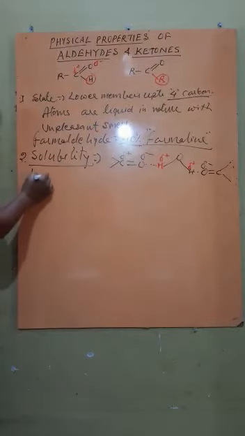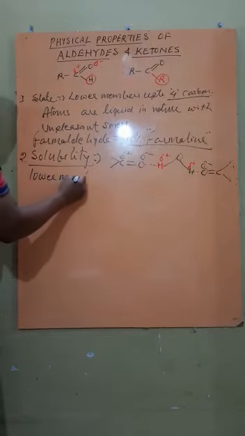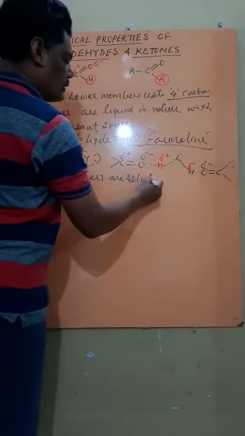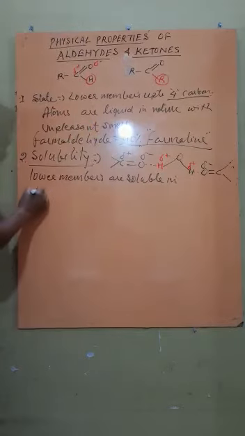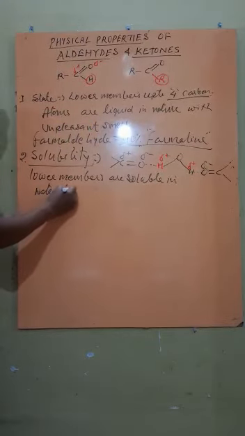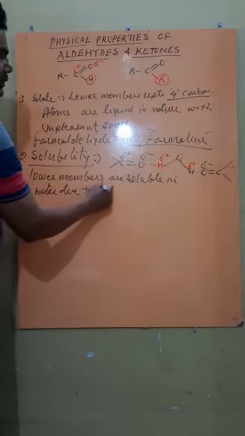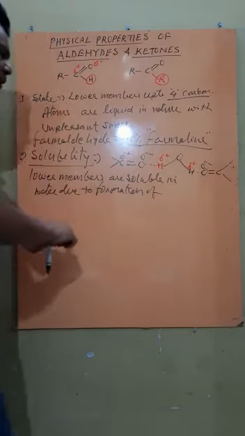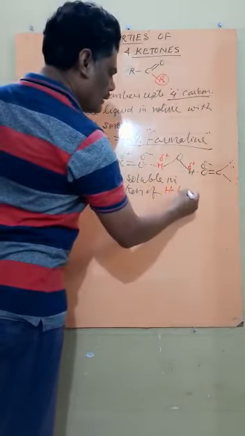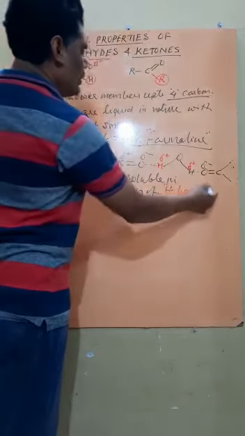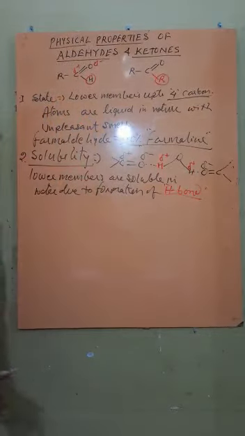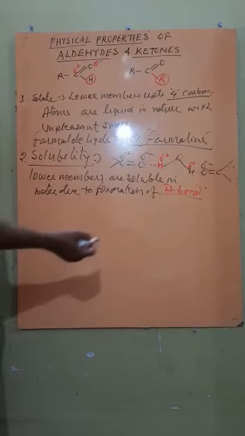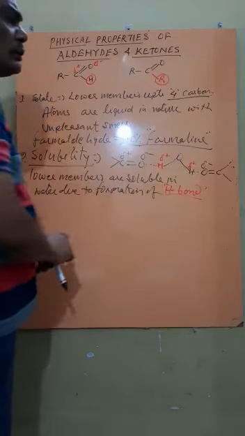Therefore lower members are soluble in water due to formation of which bond? Say simply, you can write hydrogen bond. Many times we already dealt with such properties in the previous chapter, therefore you can understand it very nicely. Like the question will ask, why are aldehydes and ketones soluble in water?